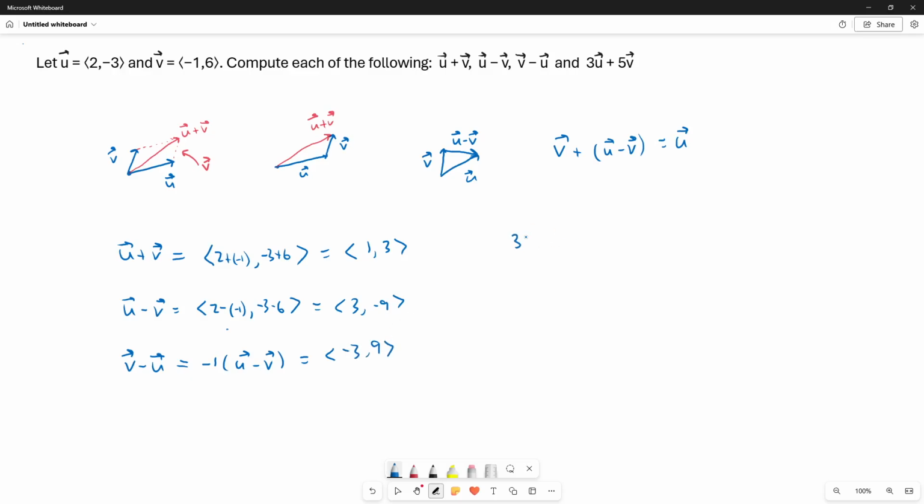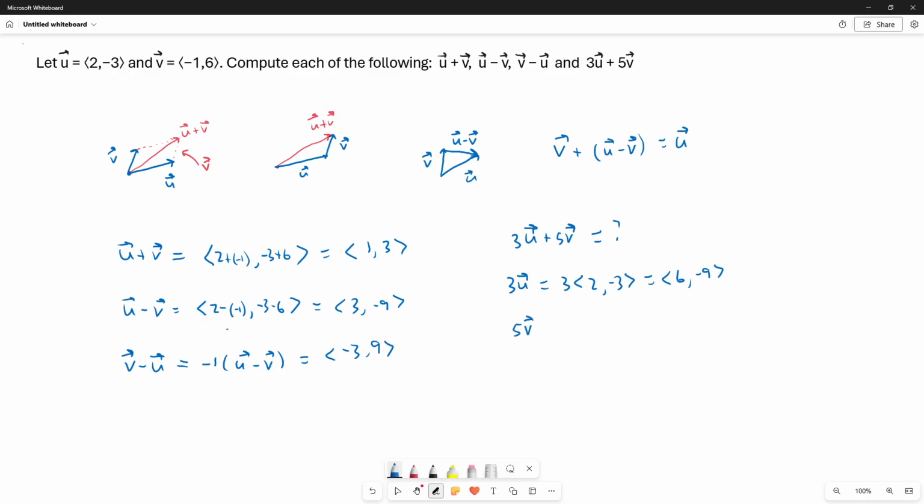And to compute the last one, 3u plus 5v, first we have to compute 3u. So you take 3 times the vector (2, -3) by multiplying each component by the scalar 3. So that's going to give us 6 and negative 9. (6, -9), that's 3u.